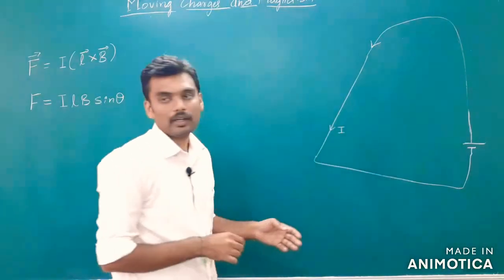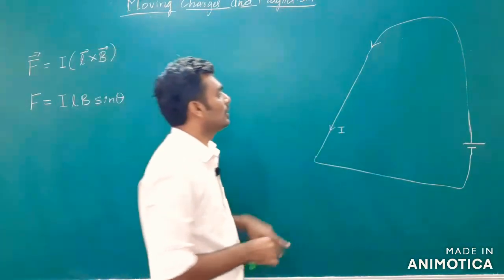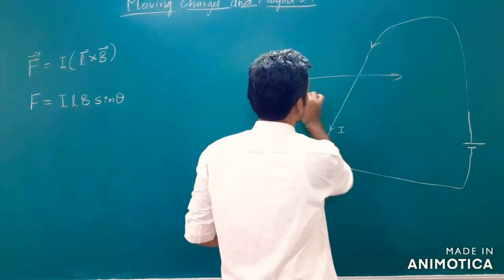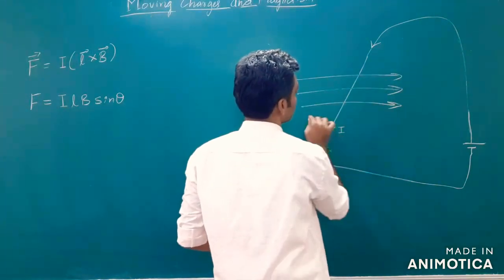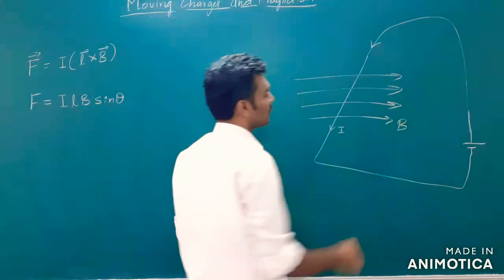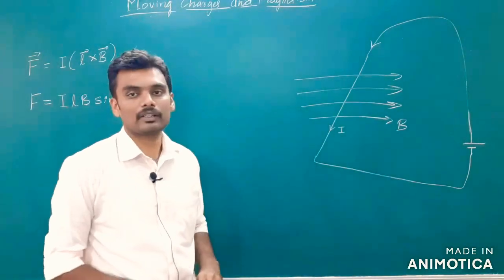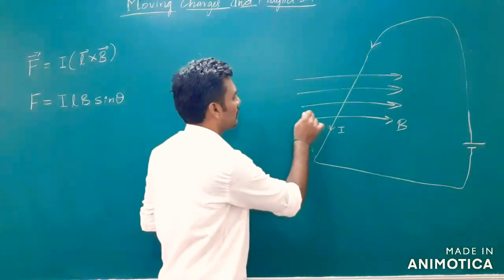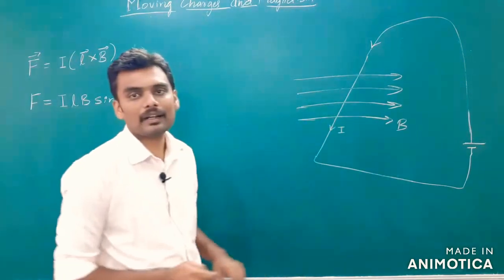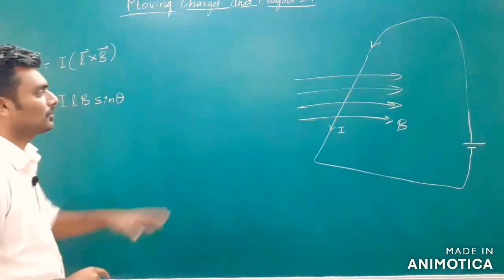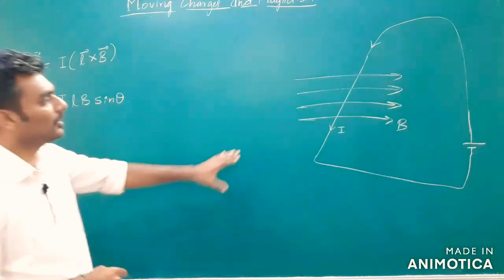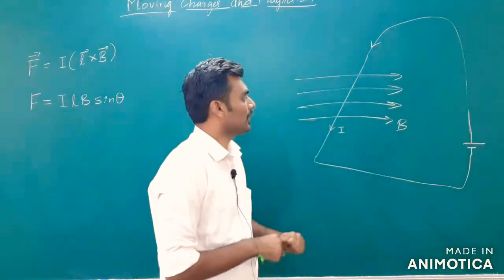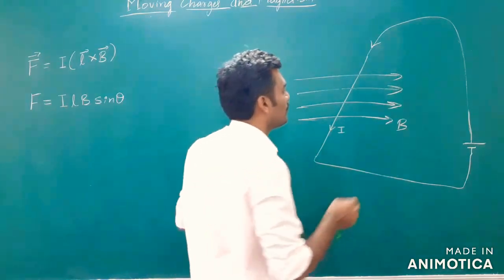So, now I apply an external magnetic field on a certain part of it, like this. So, this is the external magnetic field that I apply on the conductor. Now, which are the terms which are important for us? I, L, B and theta should be taken out from this to get the force experienced by this part of the conductor, right?